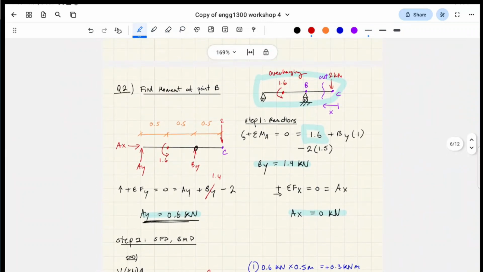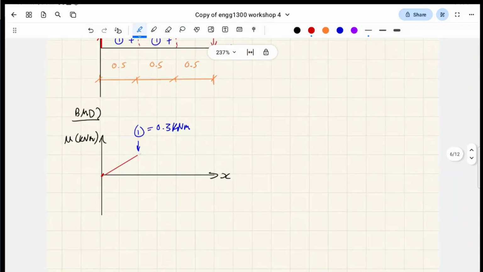But we can't forget about our point moment, because when you see a counterclockwise point moment, it makes it go down. It's not up, it makes it go down. So it goes down by that much.